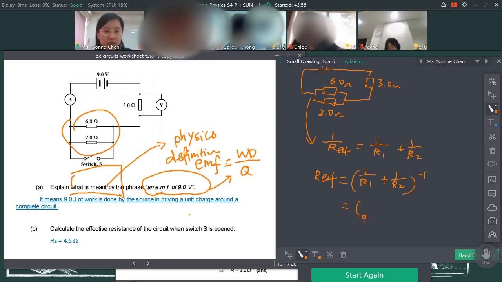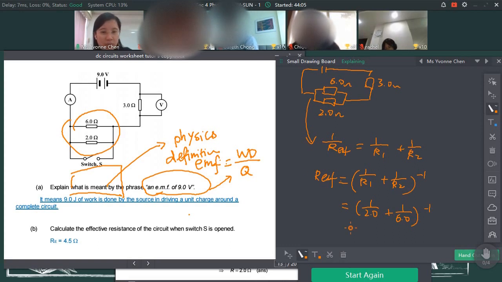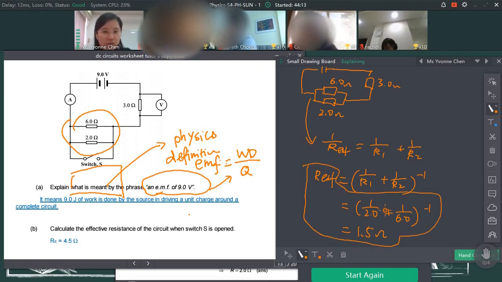You can use the calculator: 1 over 2.0 plus 1 over 6.0, to the power of -1. For physics questions, you just need to write down this part. You must show the substitution step. Do not skip.